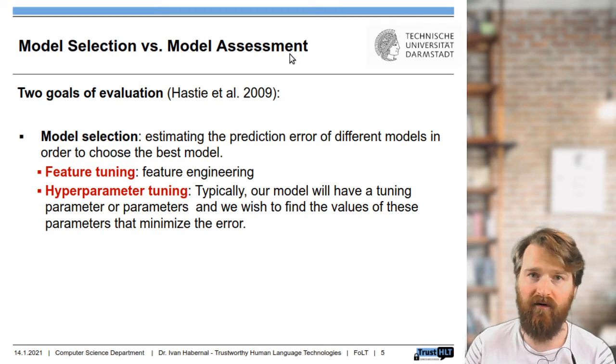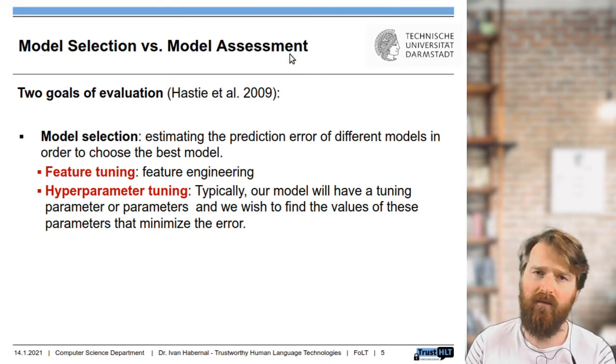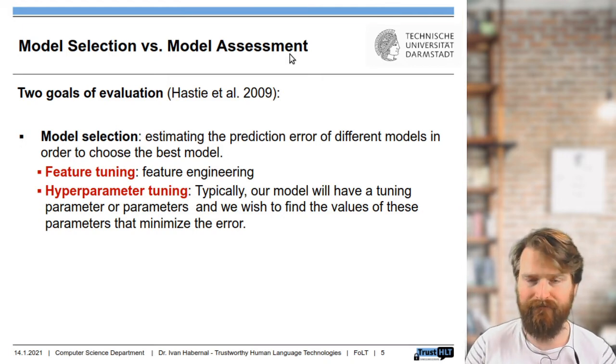We could have a model which only works with the most frequent 10,000 words from the language, or a model that works with the most frequent 100,000 words. So this is a hyperparameter, and we might want to tune and evaluate these to see which model and which hyperparameters work better.